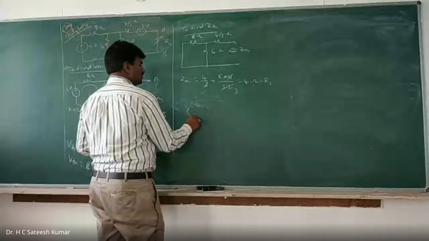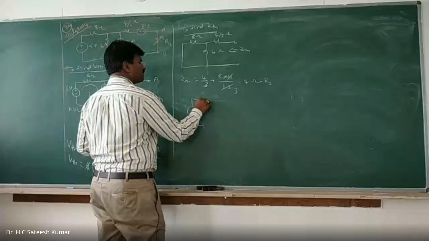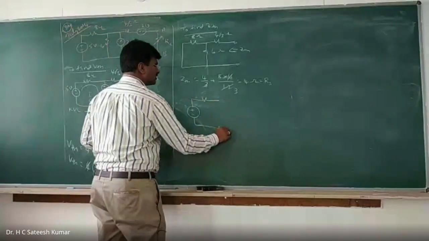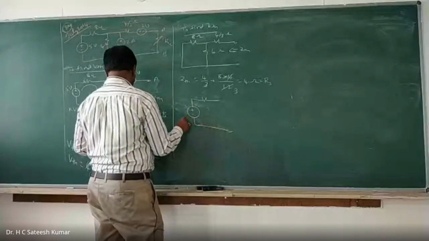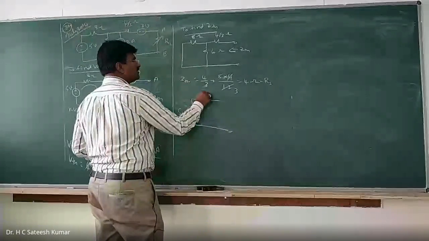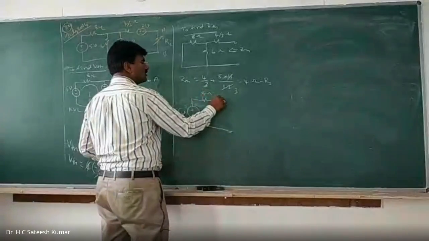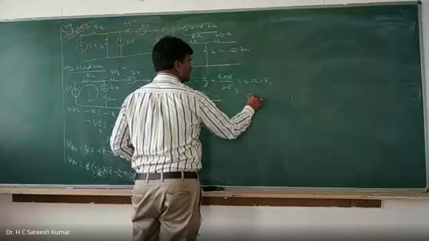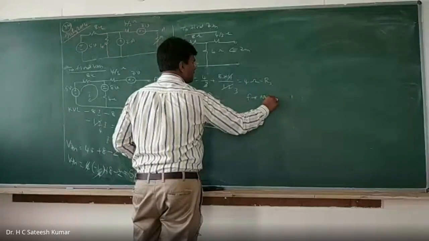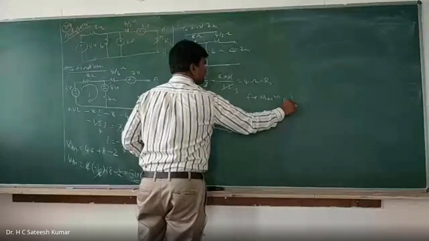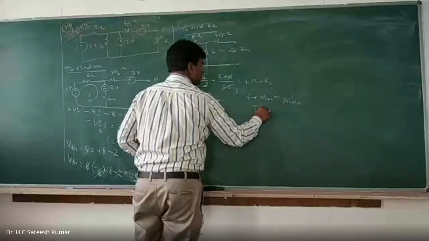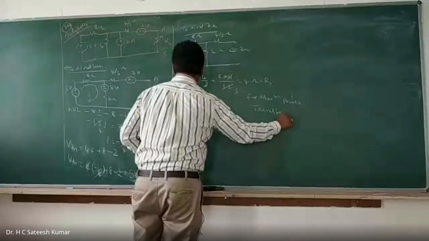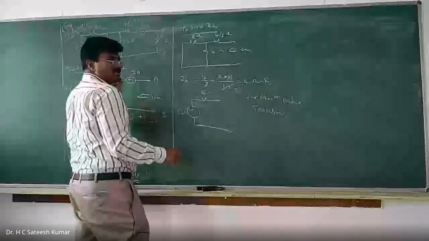So, plus minus, source resistance. This is equal to 5 volts, and this is 4 ohms. For maximum power transfer, what is your condition? In this case both the load as well as the source have resistance only.